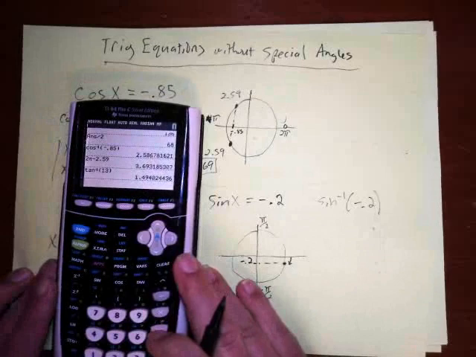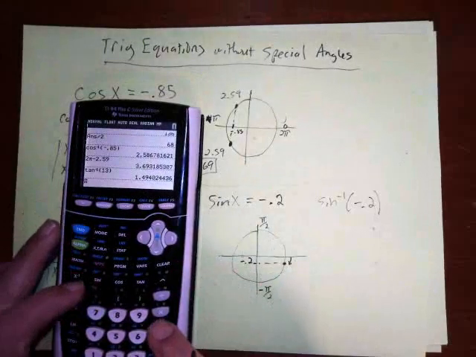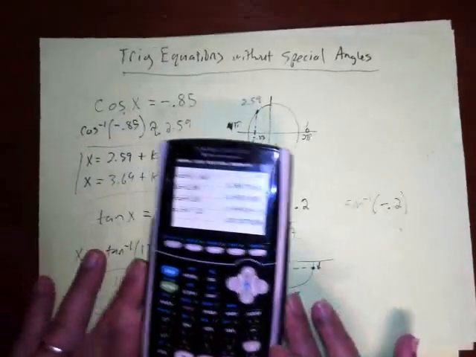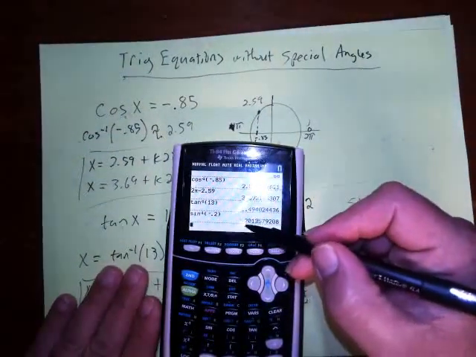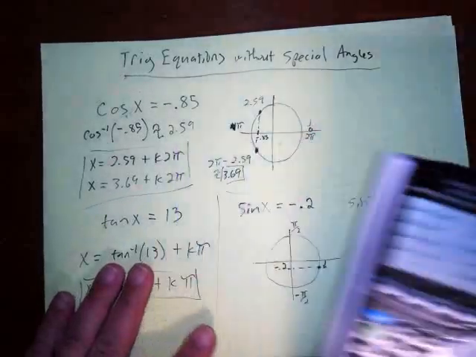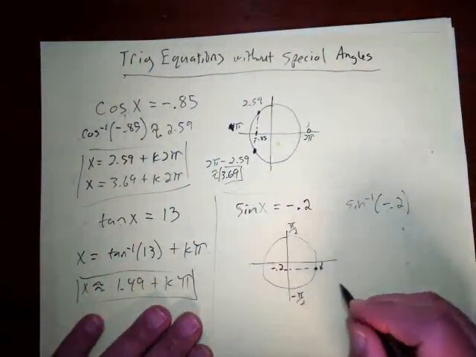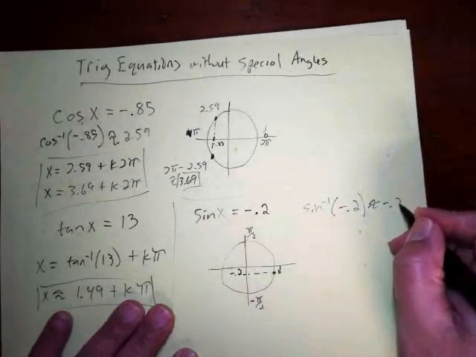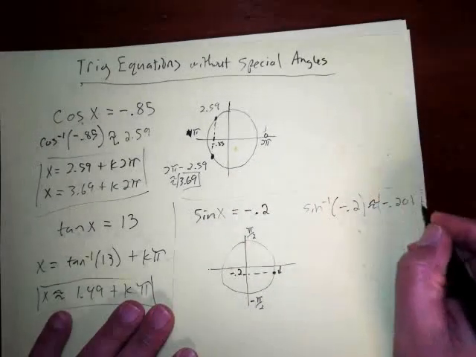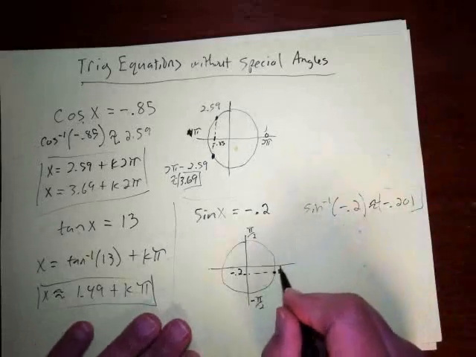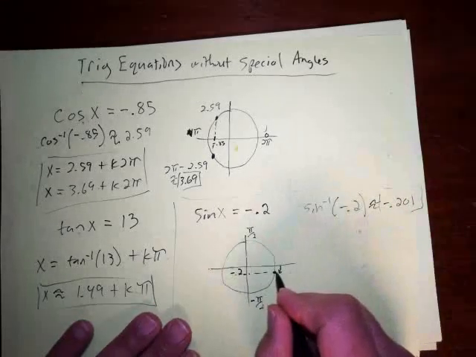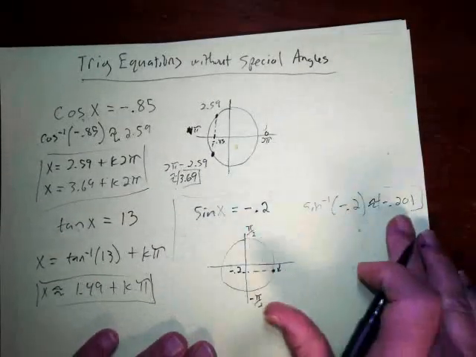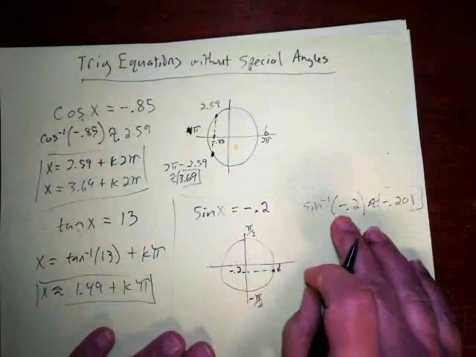So I get the sine inverse of negative 0.2, and then look at this, I actually get negative 0.201, and maybe I'll round this to 3 decimal places, just so that these are not exactly the same, but they're very close to each other. When you're close to 0, the sine is going to be close to the angle, and the angle and the sine value are going to be close to one another.